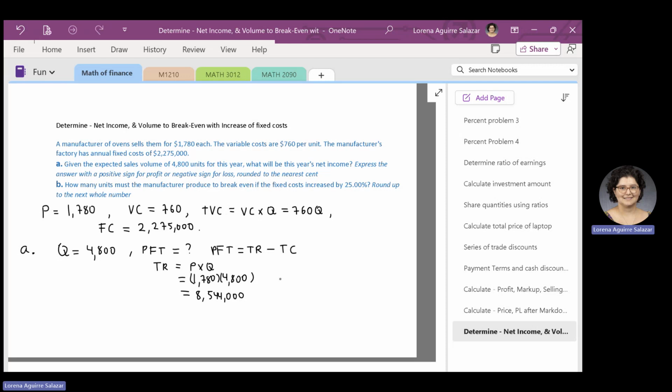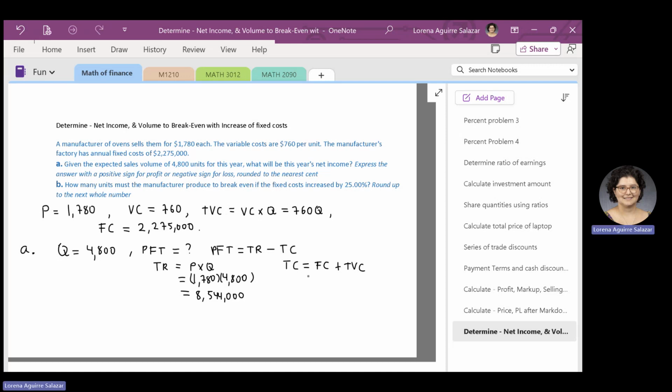for selling 4,800 ovens. Now the total costs are computed by adding fixed costs and total variable costs. Costs can be fixed or variable. When we add fixed costs and total variable costs, we get the total costs.